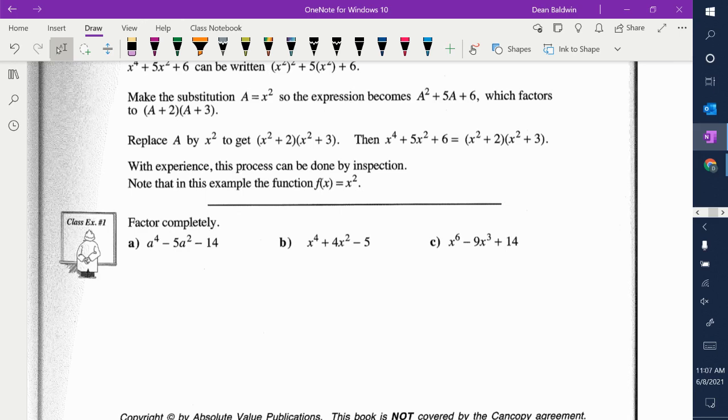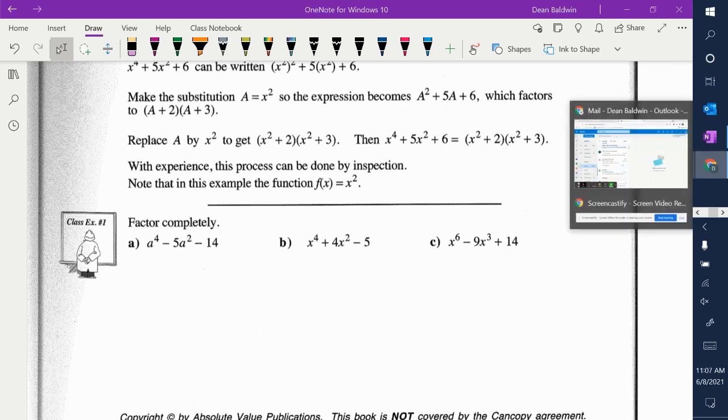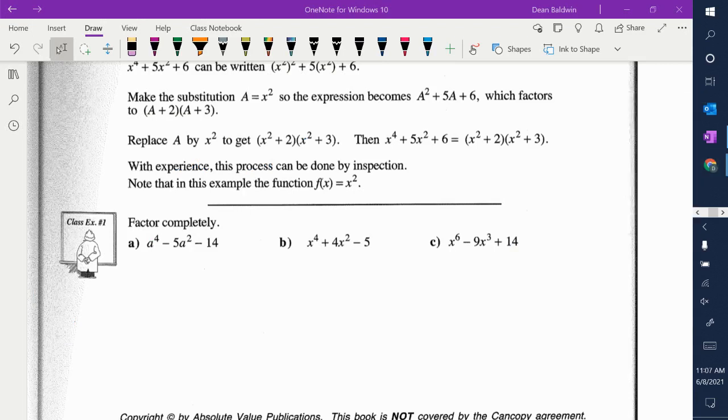Yeah, I think we can finish factoring today. Okay, we're just going to do one of these. Middle one here, B. So, what do you notice about this as opposed to everything else that we've done?